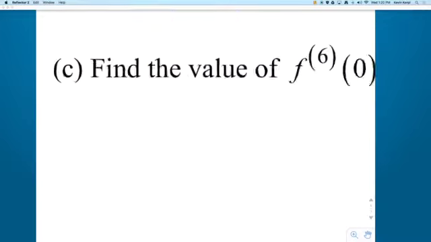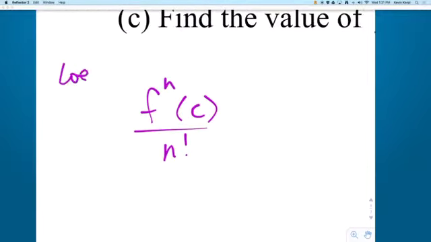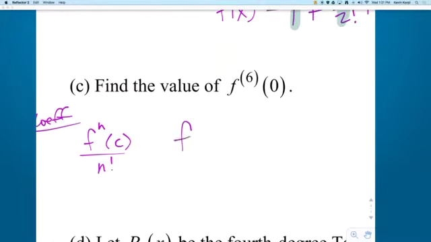So let's remember off to the side here, in general, the terms are the nth derivative at the center all over n factorial. These are the coefficients of every term. So if we want the value of the sixth derivative at 0, then the coefficient of the sixth degree term will be that over 6 factorial, right? Okay? That would be the coefficient of the sixth degree term.